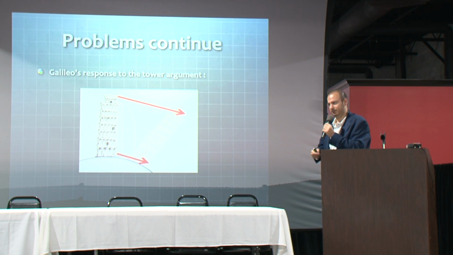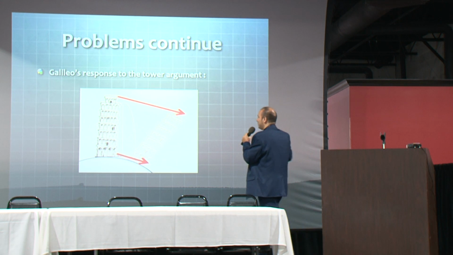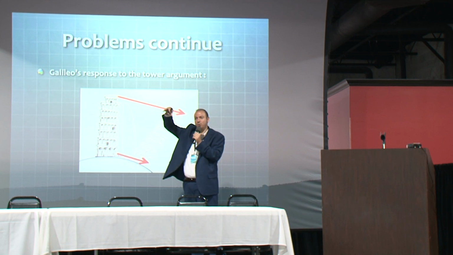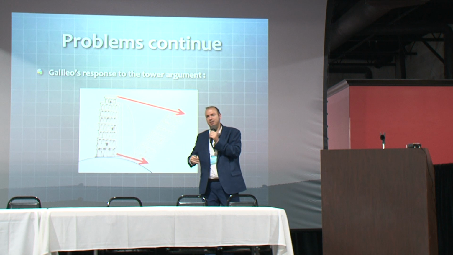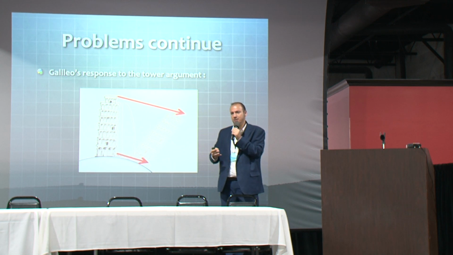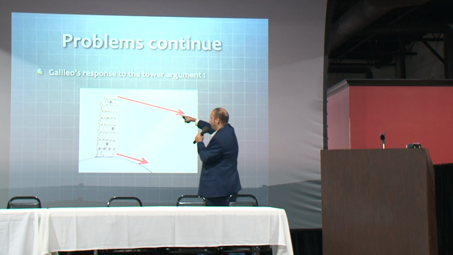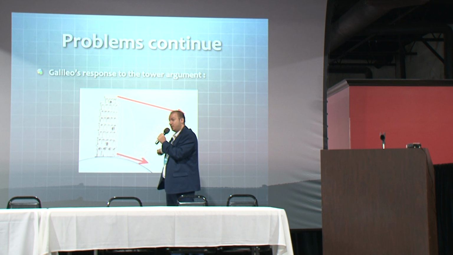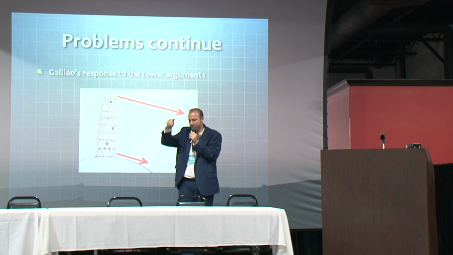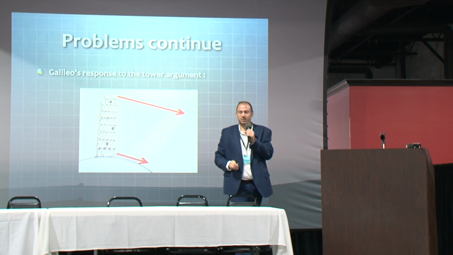He said, how could that be? Imagine that we have a tower and you drop a ball or an object. If the Earth is moving, the ball that falls from the tower should have moved some distance because the Earth is moving. Hence, the ball actually falls right down the tower, so the Earth doesn't move.